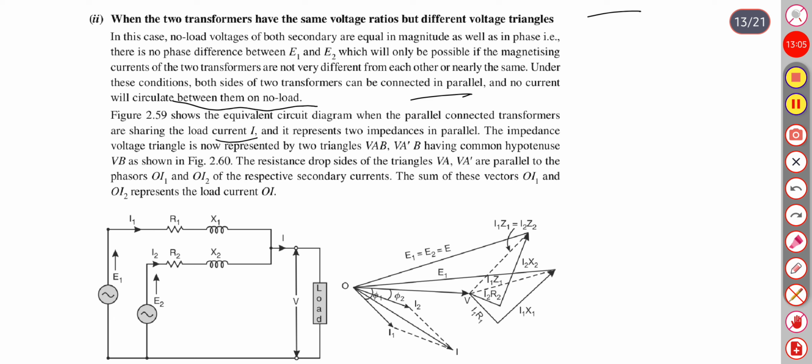The impedance voltage triangle is now presented by two triangles VAB and VA dash B having a common hypotenuse, that is VB, as shown in this figure. Now you will see the calculation, how it was performed.